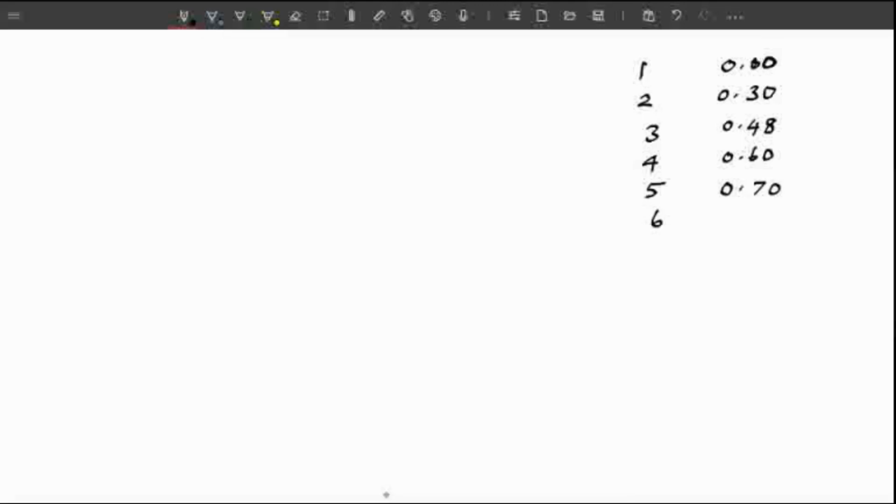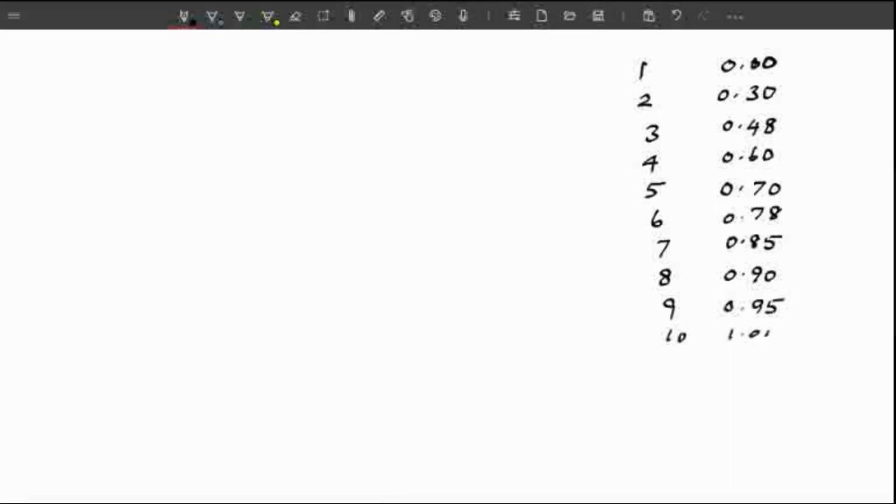For 6, 0.78. For 7, 0.84. For 8, 0.90. For 9, 0.95. For 10, it is 1.